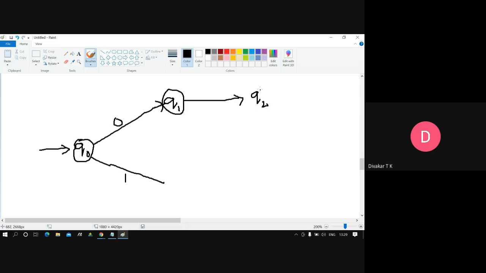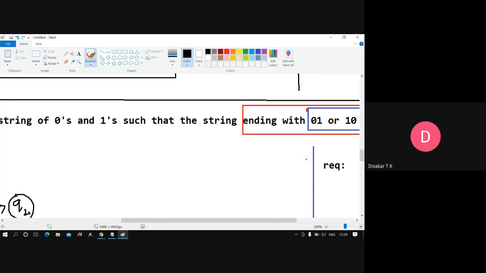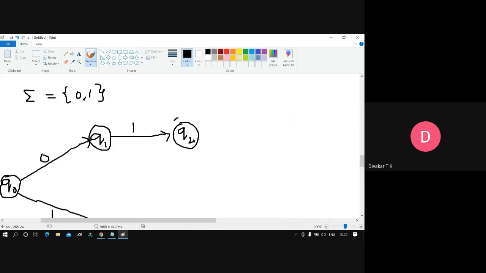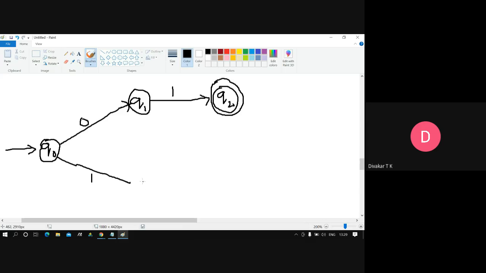And again it is common sense, 0 and 1. It should end with 01, that is what they are asking. Ending with 01 or 10, so that 01 should be ended, that's why I'm supposed to end this part here. Half of the part is done, so the next half I'll write like this.